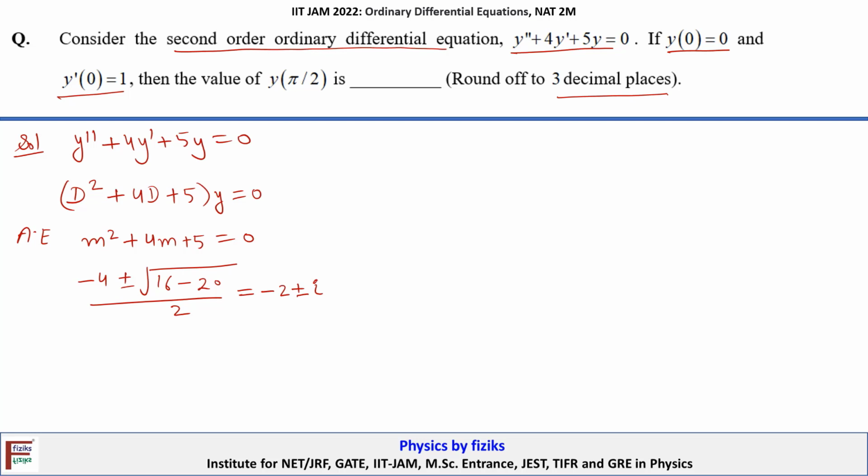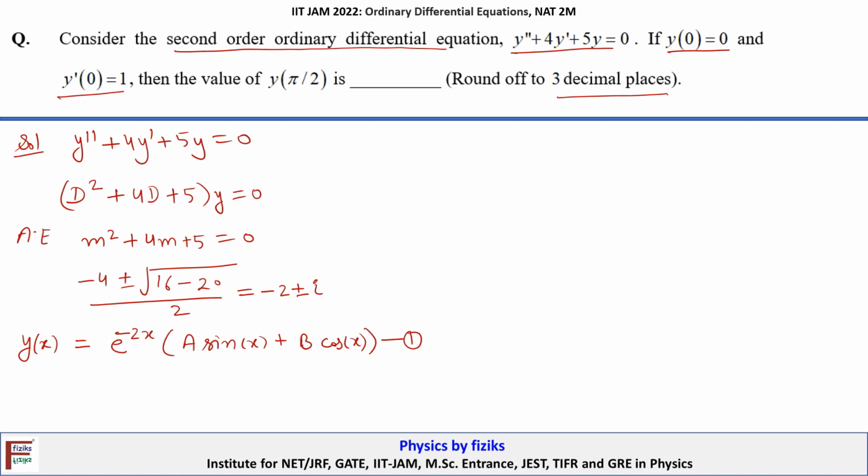And from here we notice that the roots of this auxiliary equation are complex. Therefore the solution of this differential equation is written as y as a function of x is equal to e to the power minus 2x into some arbitrary constant a into sin x plus another arbitrary constant b into cos of x. This is equation number 1.